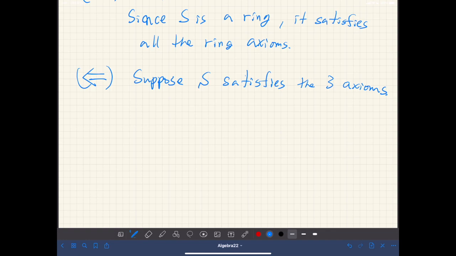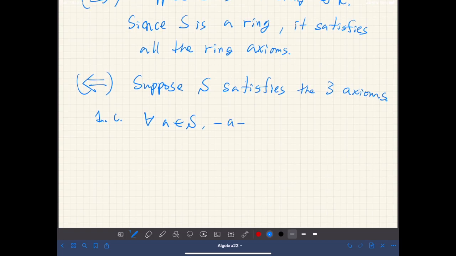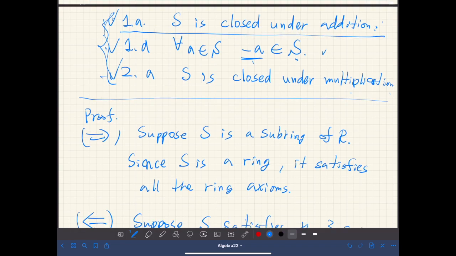For example, the axiom 1.c. For all elements a in S, by the assumption, negative a is an element of S. But S is closed under addition by this condition.